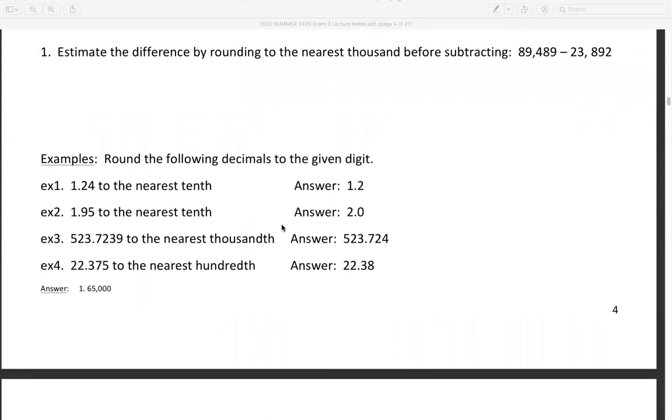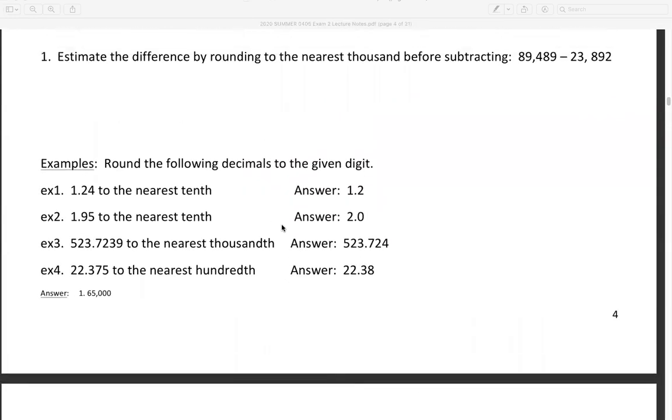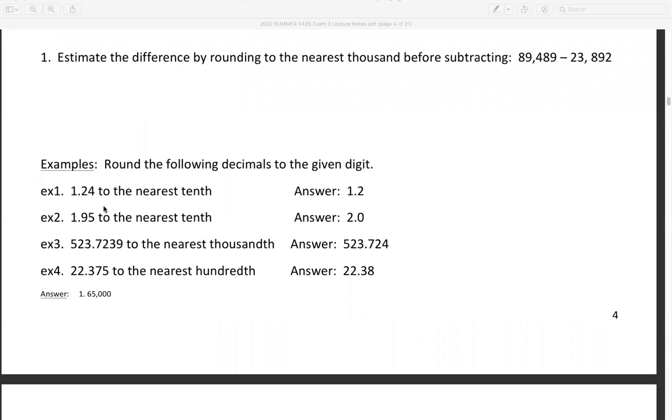All right, let's go ahead and round these numbers here. This one we're rounding to the nearest tenth. So to the right of the decimal, that's your tenths, and then after that is your hundredths. So we'll put a box around the 2 because that is in the tenths place, and the number to the right is less than 5, so we're going to keep the number in the box.